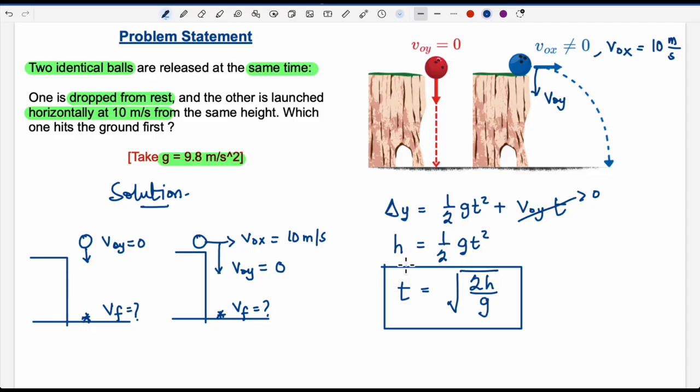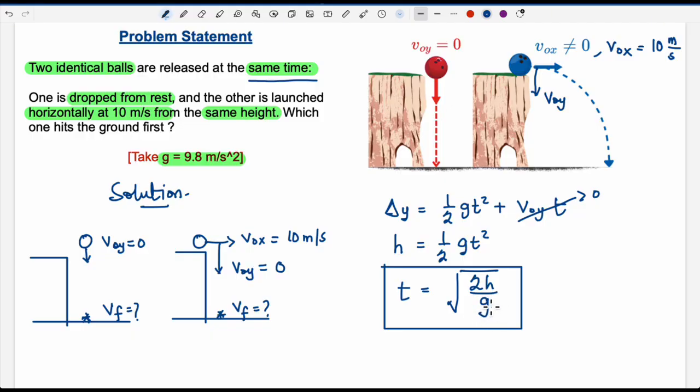Very interesting to note that this time only depends on the height from which these balls were dropped. All right. And from the problem, we are told that they are both dropped from the same height and also at the same time. So these are the two key pieces of information we need. Acceleration of free fall is just a constant in this equation here.